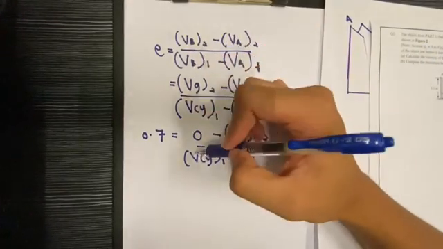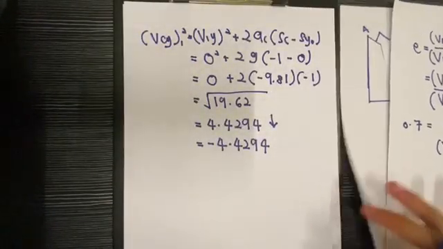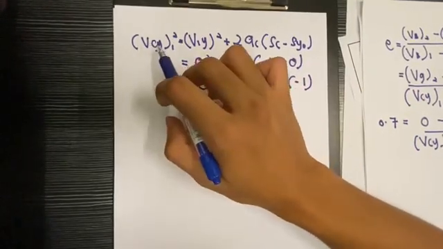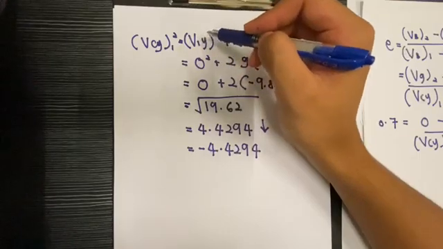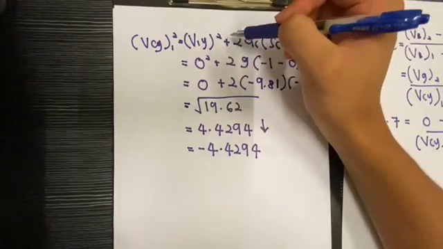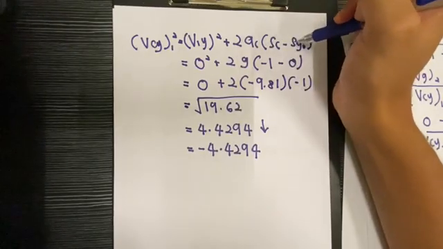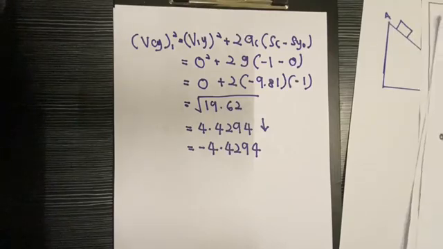So actually we can calculate VCY1. We can use this equation: VCY1 squared equals V1Y squared plus 2a divided by a divided by SY naught. We can refer to this figure.